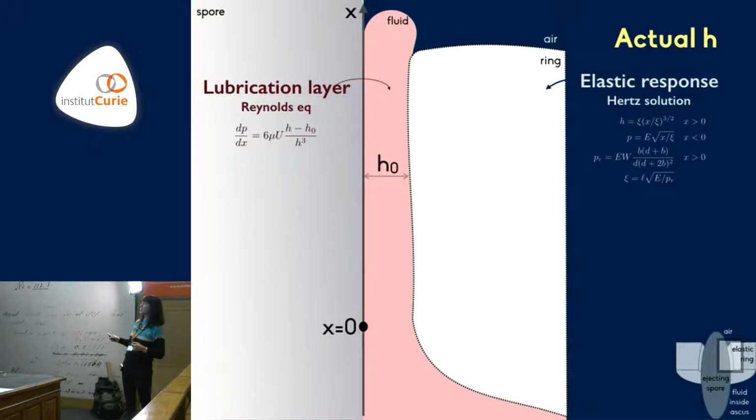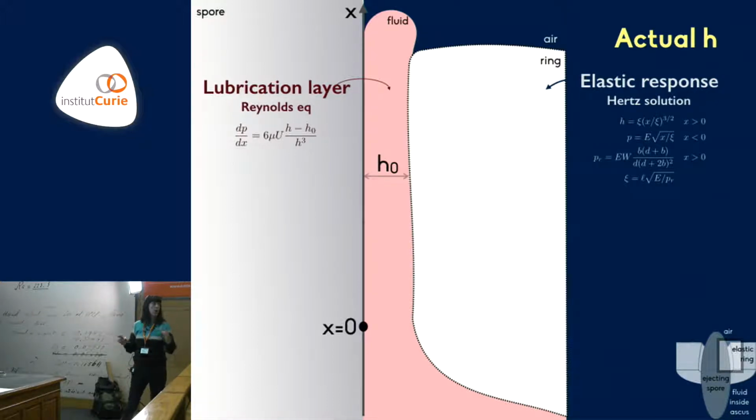Psi is a complicated length scale that depends on L, which is morphology, and dynamics, E divided by PR. E is the elasticity of the ring. So this is a material parameter, gene for it maybe. PR is the pressure inside the contact.